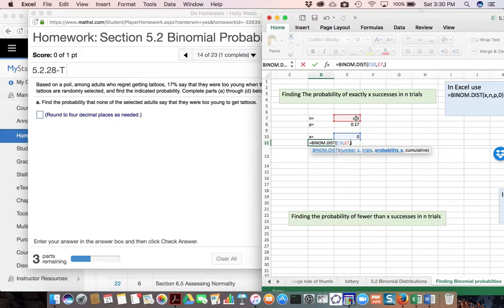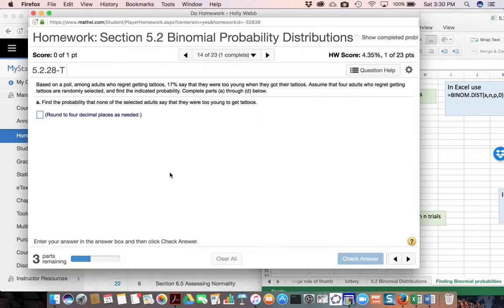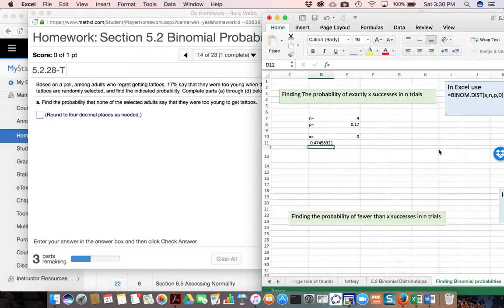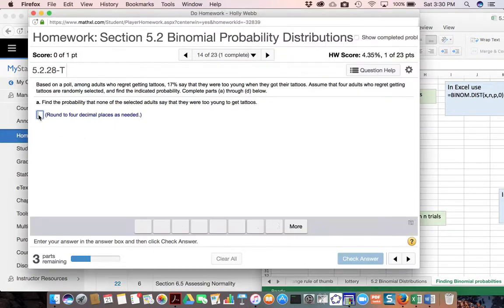Then I'm going to put in my probability of success, and then a 0 for not cumulative. So we're saying that the probability that none of them thought they were too young is 0.4746, rounded to 4 decimal places.